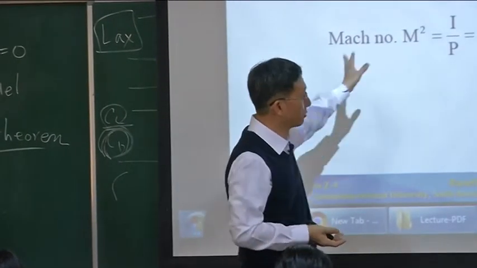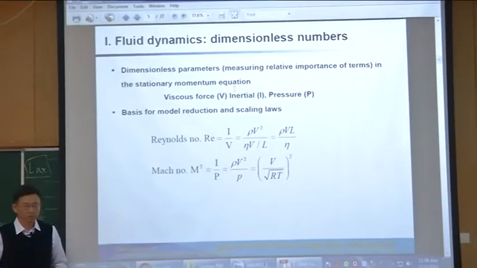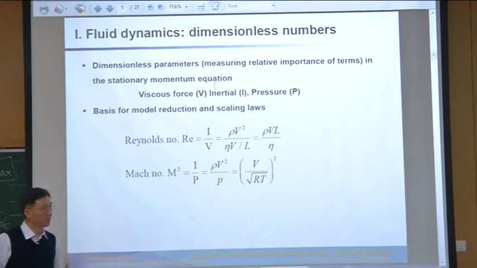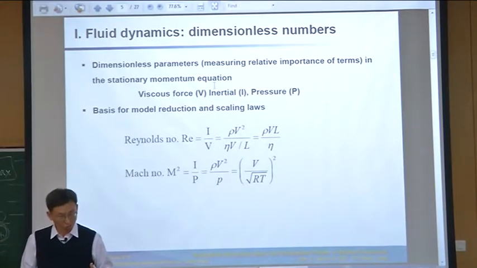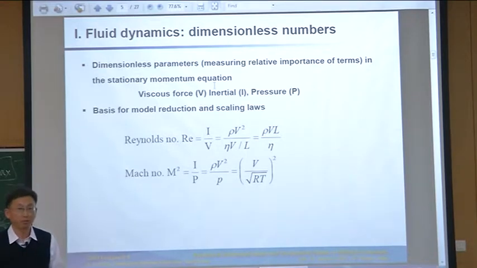Then your teachers will tell you to please derive some non-dimensional parameters. In many cases, they don't explain why you have to do it. Because there's a name, Reynolds number, Mach number, right? The Reynolds number and the Mach number are the most famous non-dimensional parameters, so you have to memorize them.